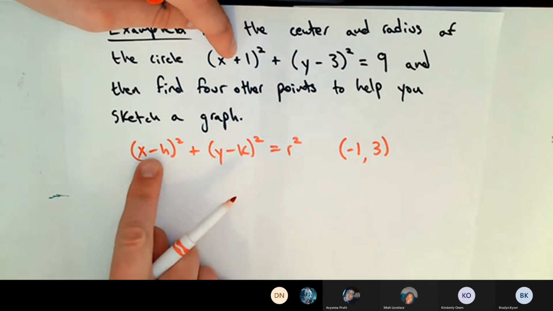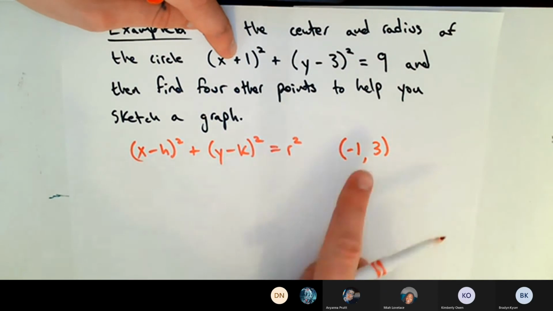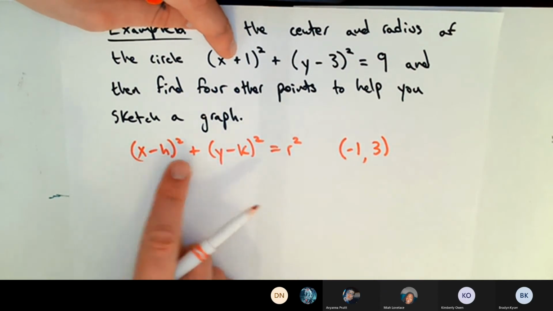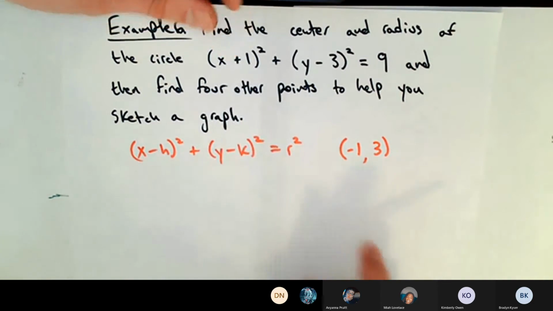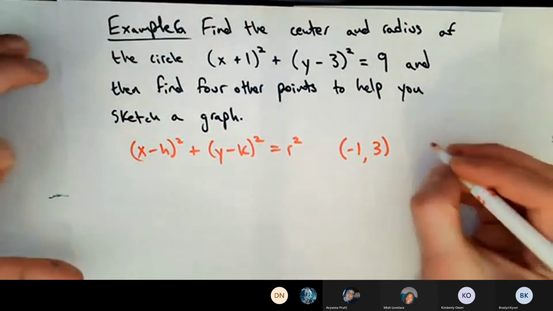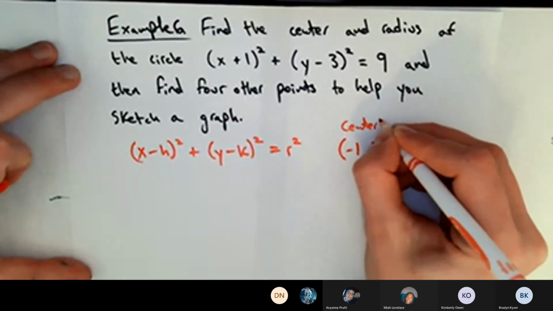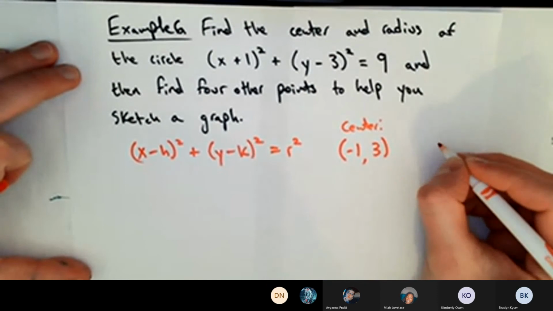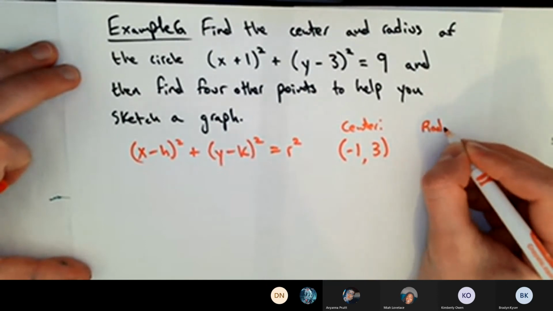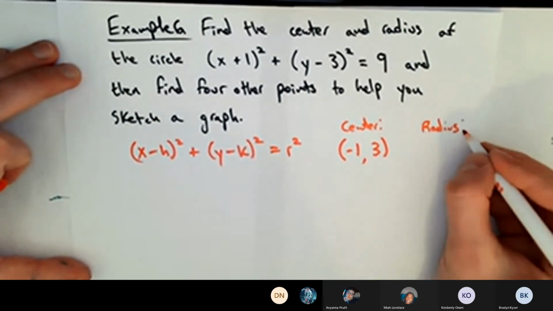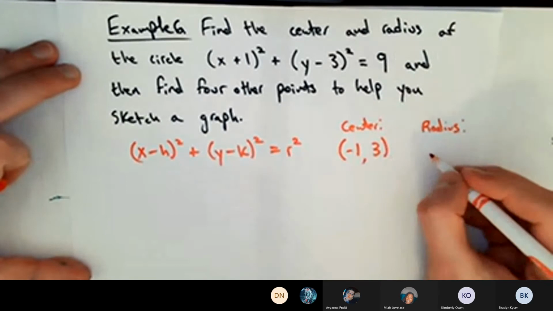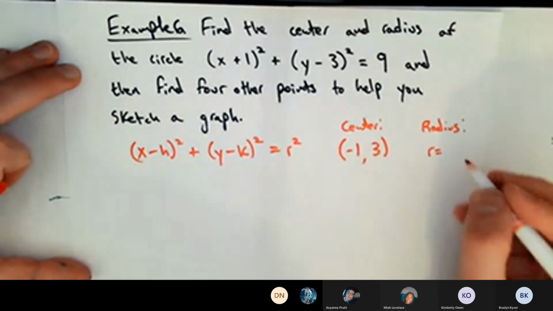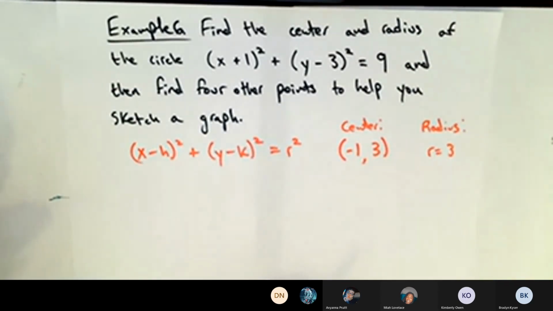So h is negative 1. That way it's minus negative 1 to match this plus 1. And that's my center. And my radius is going to come from r squared equals 9. I gave you a nice perfect square number there, so r is 3.